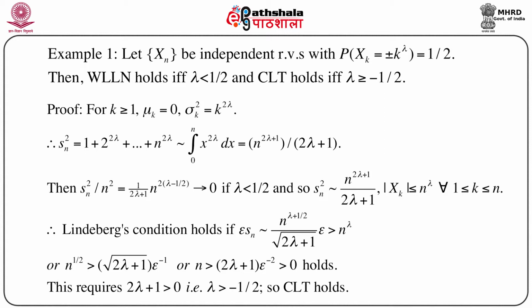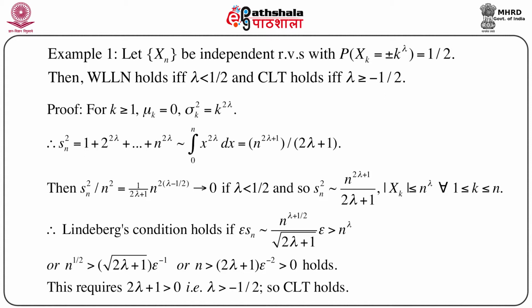So, what is Sn square by n square? This equals 1 by 2 lambda plus 1 into n to the power 2 into lambda minus half. Now, again n to the power 2 into lambda minus half goes to 0 if lambda is less than half, because then the power would be negative. So, it goes to 0 as n goes to infinity.